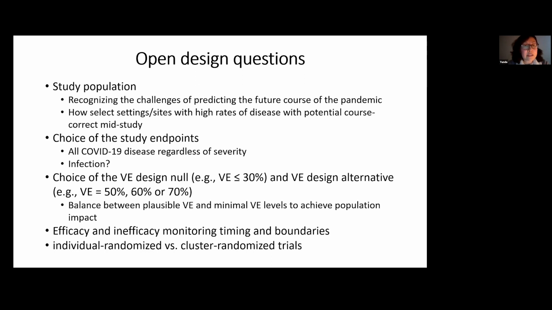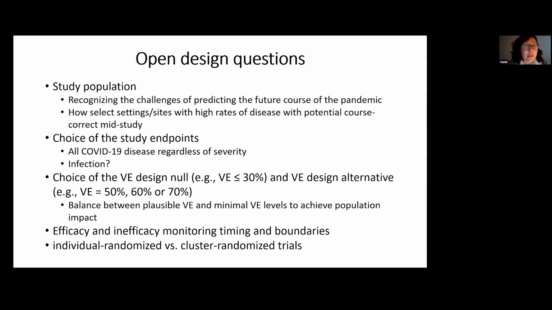Another design question is the choice of the study endpoint, which Tom also mentioned. In the core protocol, as I mentioned, COVID-19 disease is the primary endpoint, regardless of severity. However, there's certainly a great public health concern in severe disease and/or death. And what about infection?